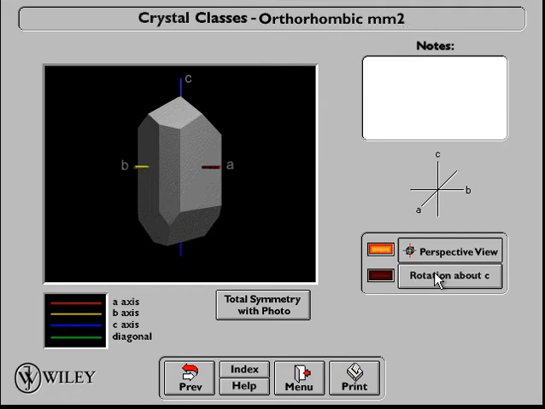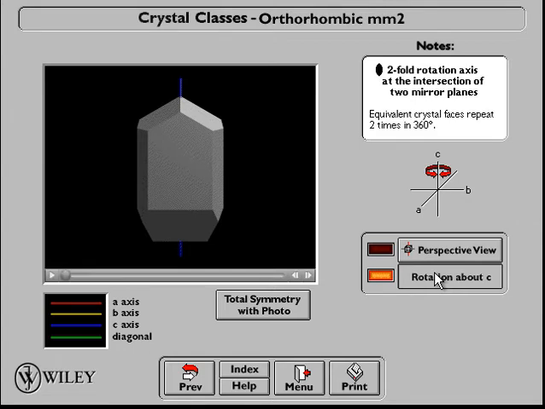Rotation about c. Here we have a two-fold rotation axis at the intersection of two mirror planes. We have here a mirror plane, can you see? This side you can easily put on that side, and here you have the next one.